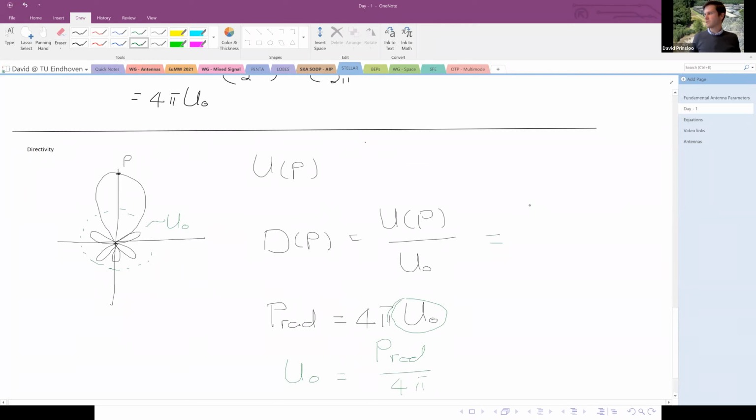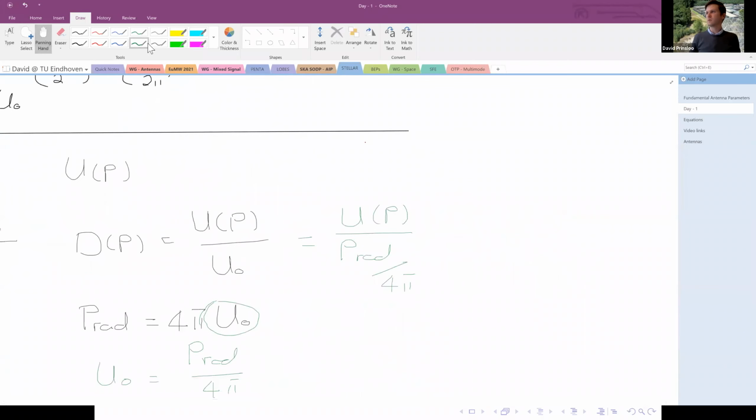Therefore the directivity is the radiation intensity at the point divided by P rad divided by 4 pi. Or ultimately, in the way that it is typically written, it's 4 pi multiplied by the radiation intensity at point P divided by the total radiated power. This is our first definition, directivity.